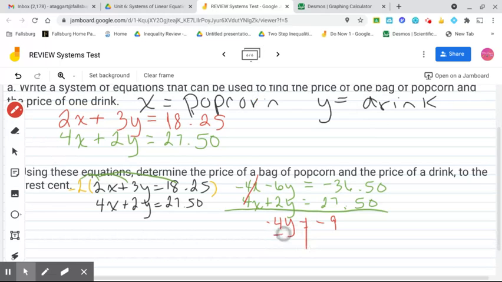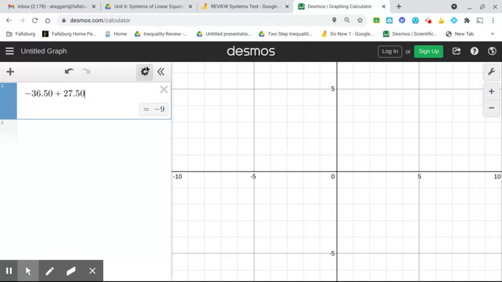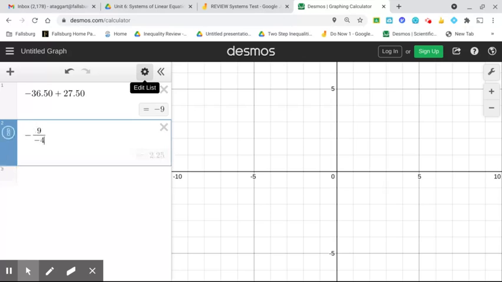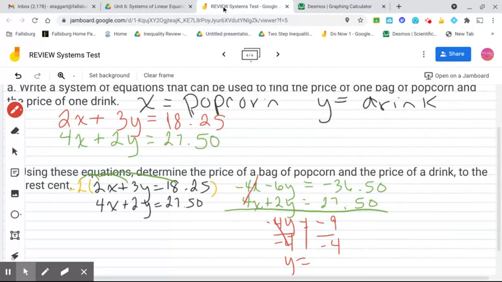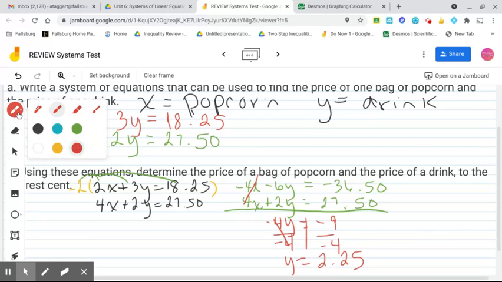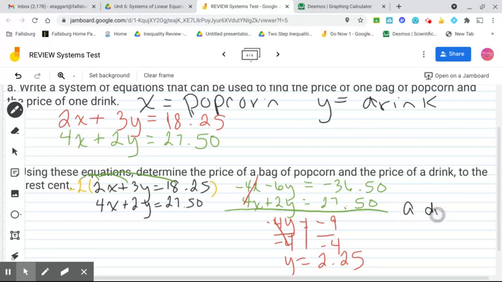Okay, and last I'm going to divide both sides by -4. So -9 divided by -4 gives me 2.25. So for Y, that's a drink. We know that a drink costs $2.25.